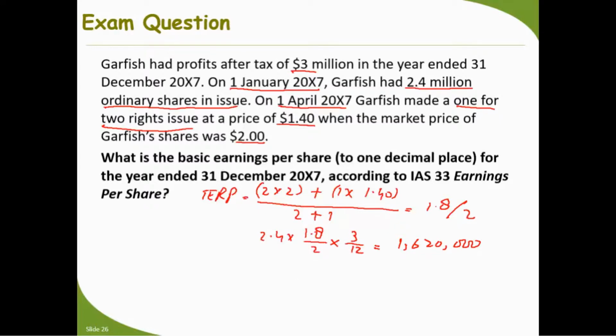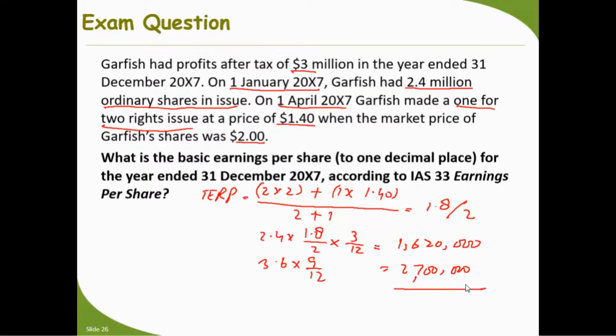plus 1.2, in total it is 3.6. Now 3.6 times the time fraction, which is 9 by 12. So 3.6 million times 9 divided by 12 is equal to 2,700,000.